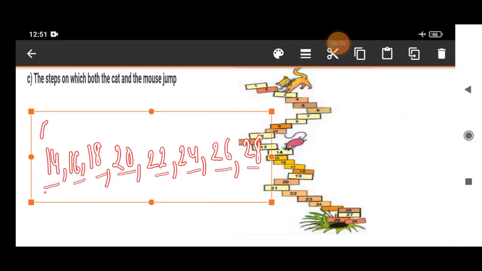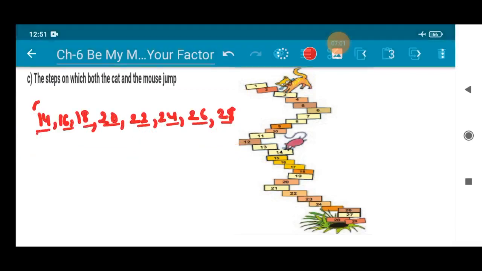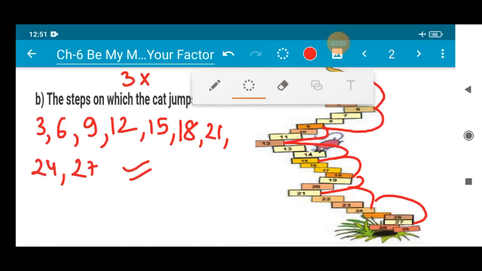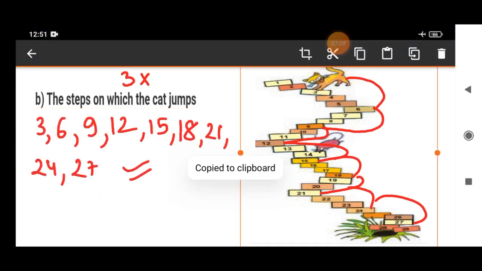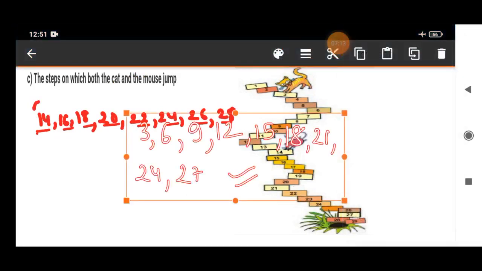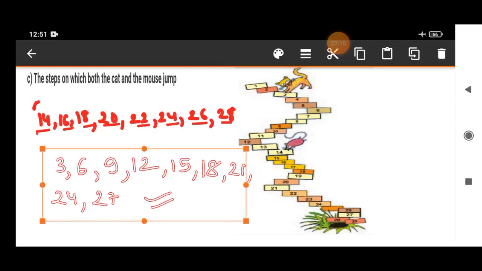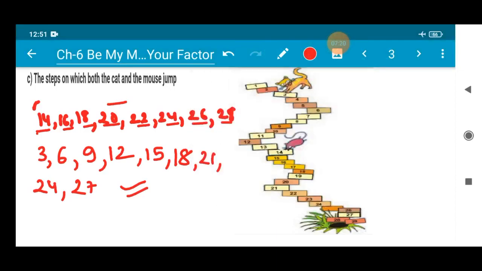All right, so these are the steps jumped by the mouse, then let me take the steps of this also. This was the steps taken by the mouse, and this is for the cat, sorry, I said it the opposite.